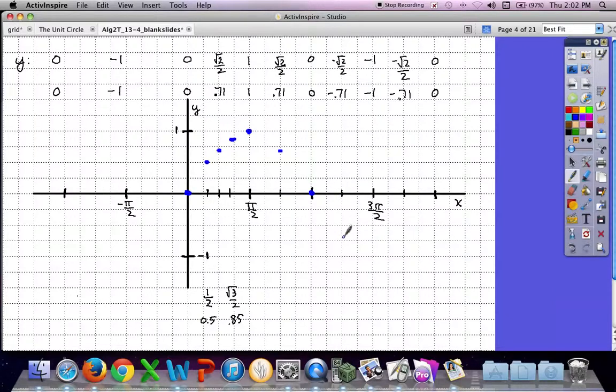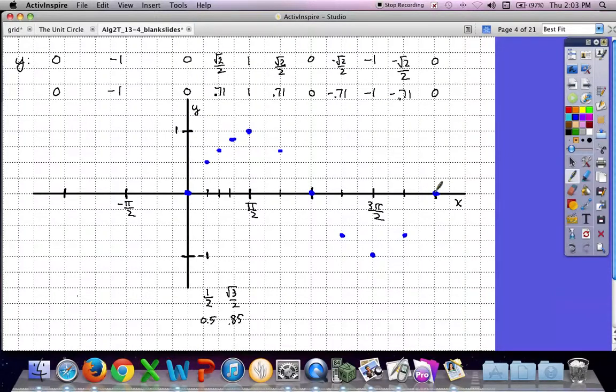So that should be down about this far. At 3 pi over 2, sine is -1, so it's all the way to this. And at 7 pi over 4, negative root 2 over 2, so back to here. And when you get to 2 pi, 0.